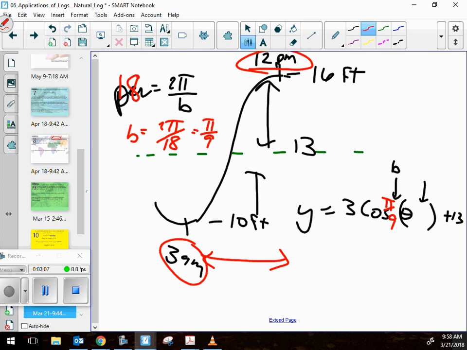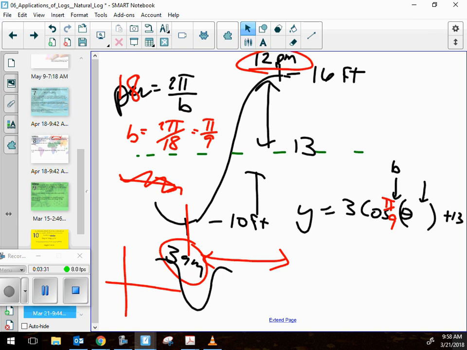How far to the first, not low tide. So you should not have gone to here, because if you shifted it that far, you would actually not have sine or cosine as your main function. You got to find the first high tide. Think of it this way. Here's my graph. Here's what cosine is supposed to look like.